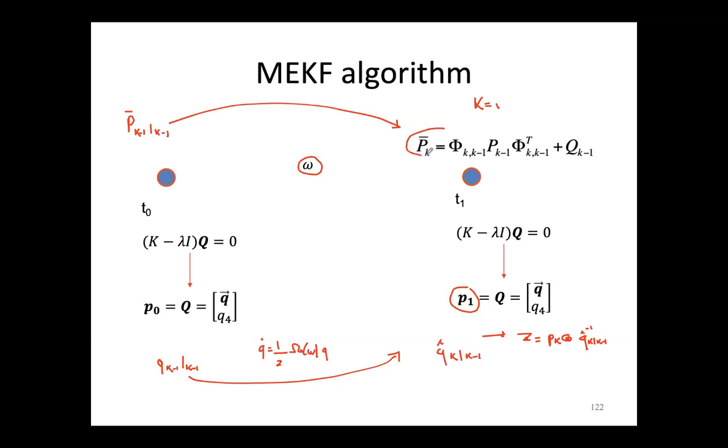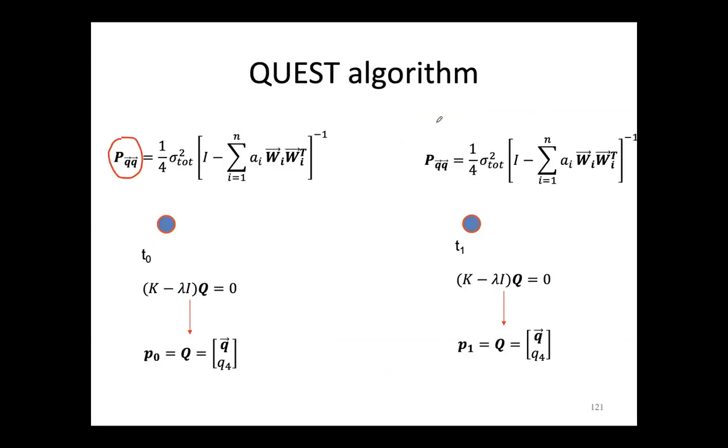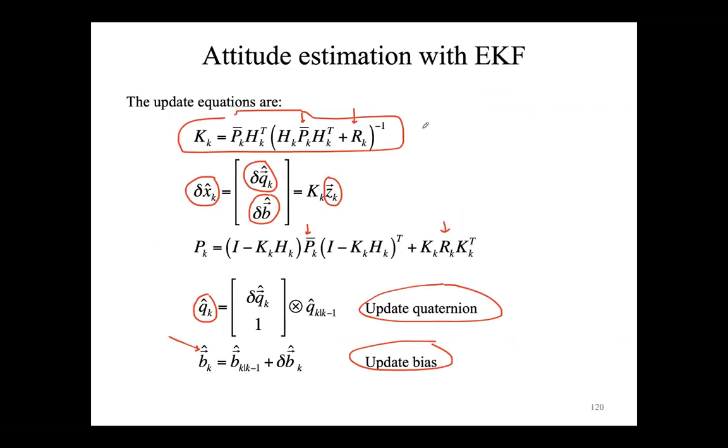By using this expression, you can do the extended Kalman filter to determine your normal equations. It is a function of pk minus 1, and r, the error noise associated to the star trackers. Now we have everything to compute the correction in the quaternion.